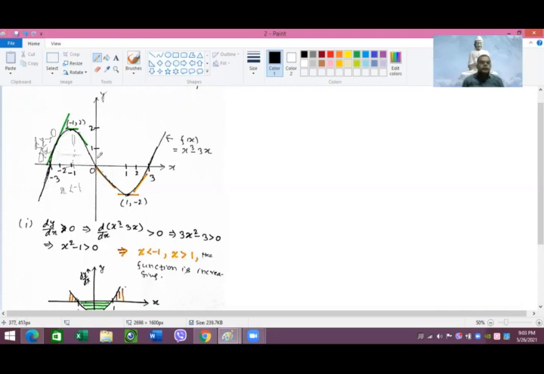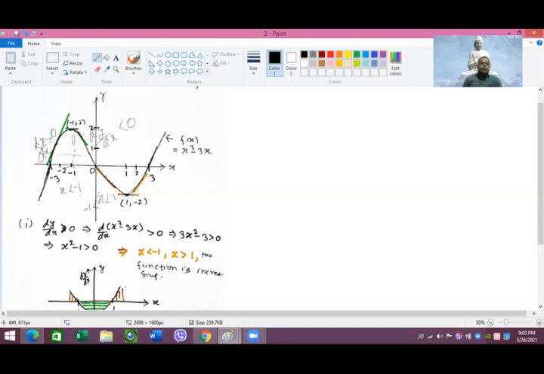Then between -1 and +1, dy/dx is less than 0. That means from here to here, the curve is decreasing. So for x less than 1 and greater than -1, this part of the function is the decreasing part of this given curve.